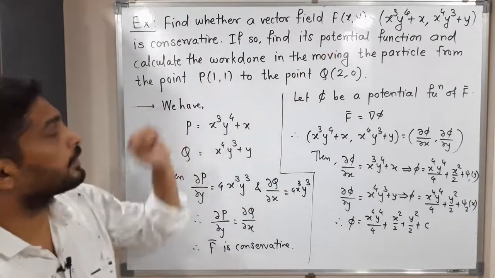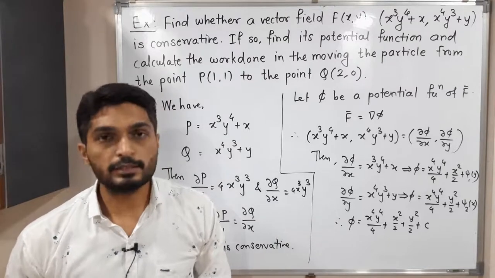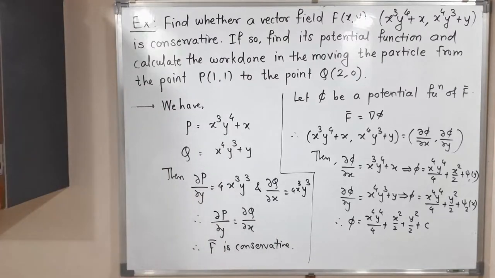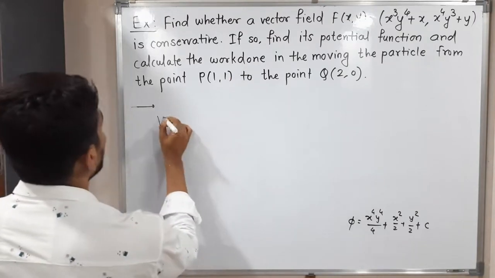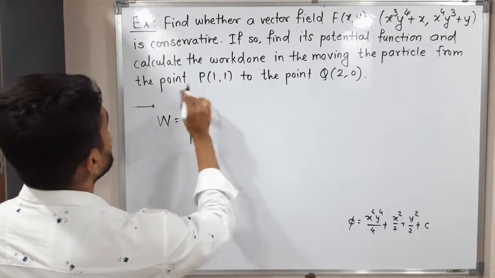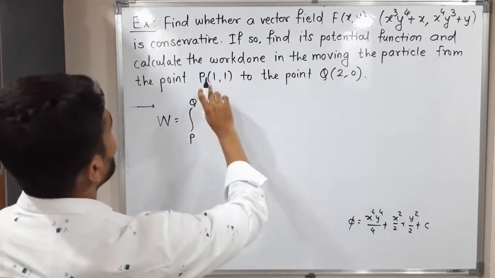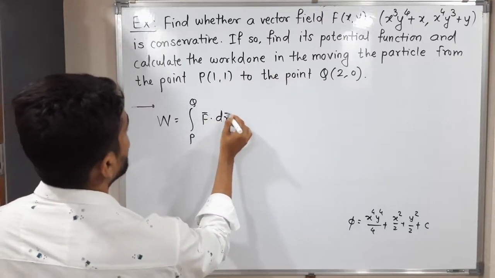Let us go for the third part, in which we have to find work done. Make a screenshot of it, then we will go further. Let us discuss the last part, in which we find work done. So W is equal to integration P to Q. They have clearly mentioned the particle moves from P to Q, F bar dot dr bar.